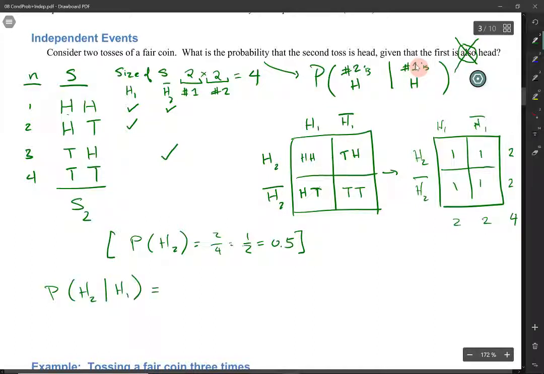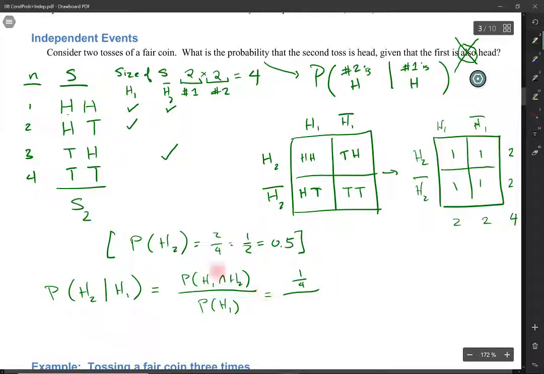So that's the probability of, I'll just flip them around, H2 and H1 is the same as H1 and H2, over the probability of H1. So what's the probability of H1 and H2? That's the intersection of H1 and H2, over 4, so this would be 1 over 4.